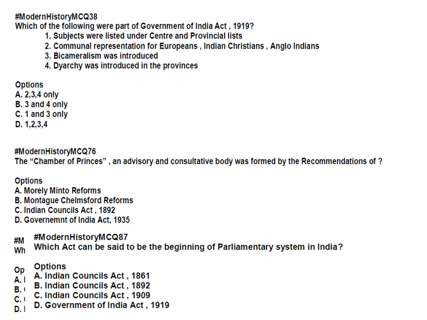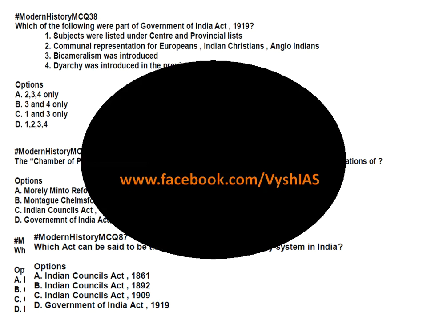Mostly you will think it will be 1909 or 1919, but that is not the answer, because parliamentary system means giving a chance to discuss the budget and all those things. People come into assemblies and discuss. So you have to tell me which one it is, 1861 or 1892? We have done it, so please try to answer.